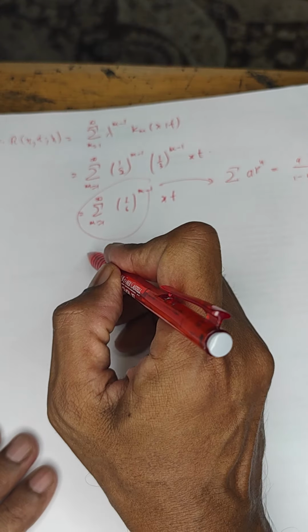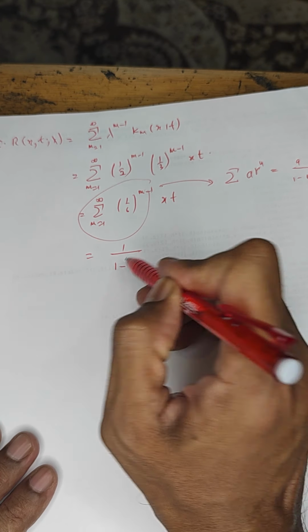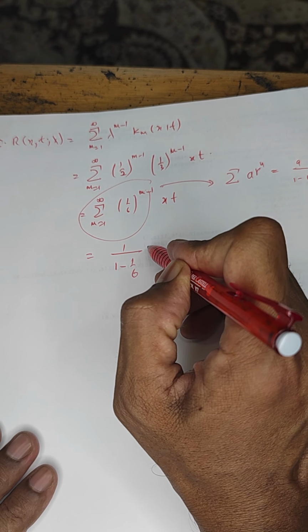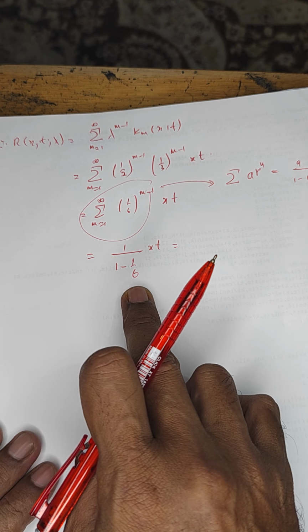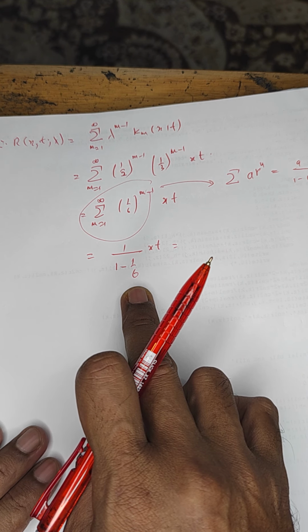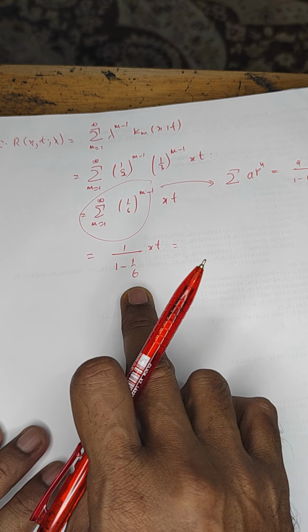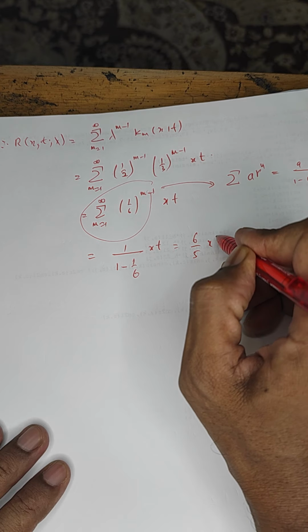Our a is 1 here, so we have 1 over 1 minus 1/6, which gives 5/6, so 6/5 xt.